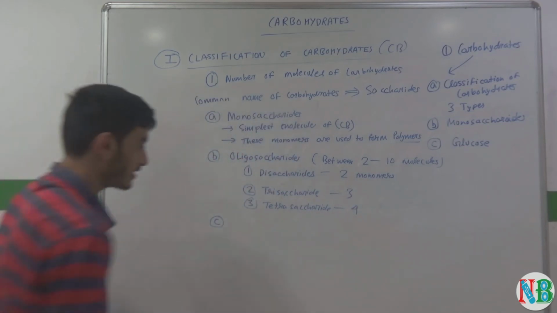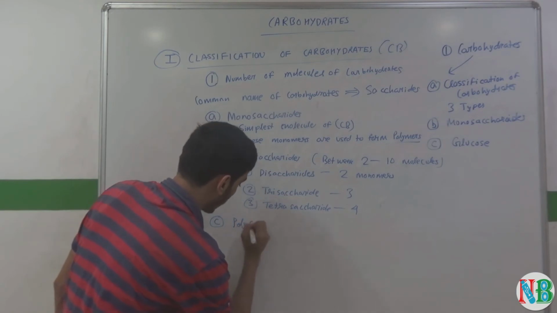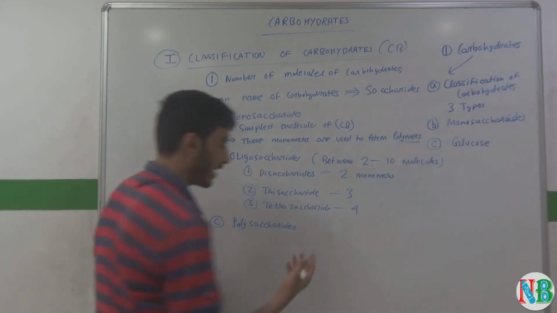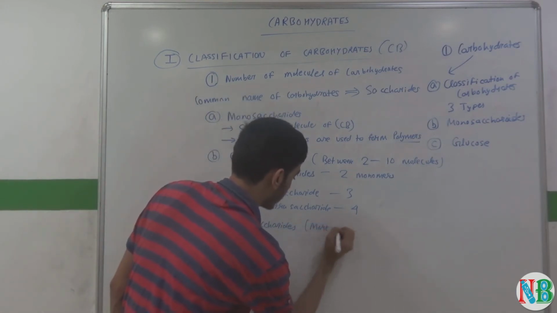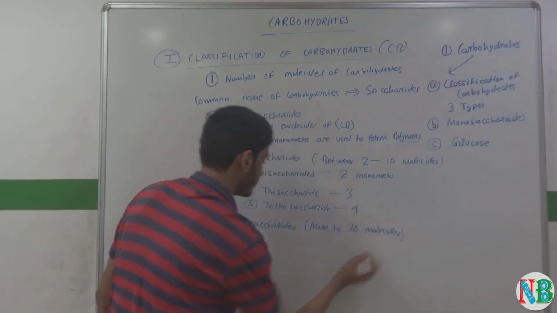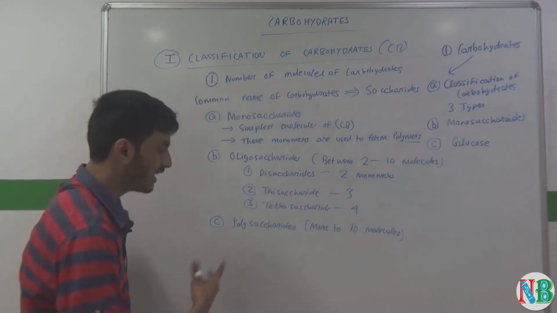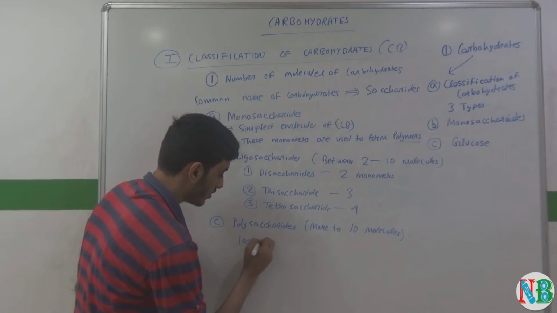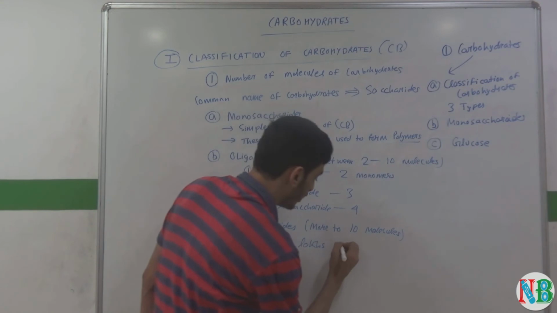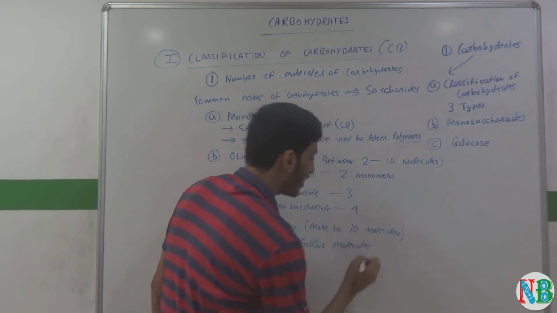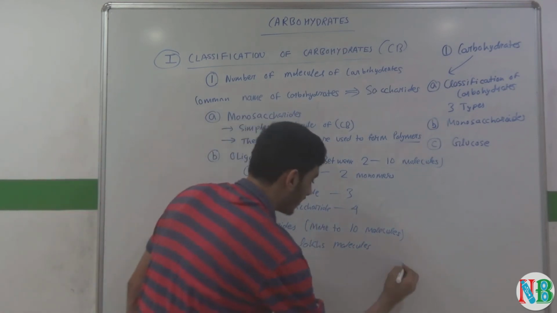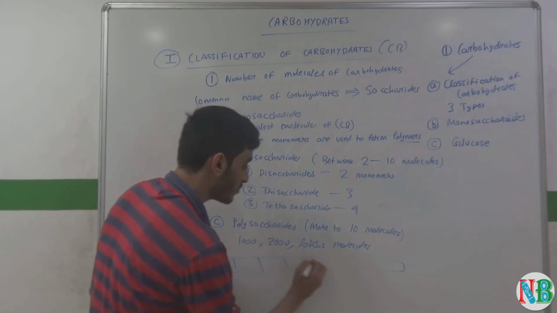The third one is polysaccharides, and they contain more than 10. These compounds may contain up to 1000 or 2000 or lakhs of molecules. So they are very huge and have a chain containing thousands of small parts.